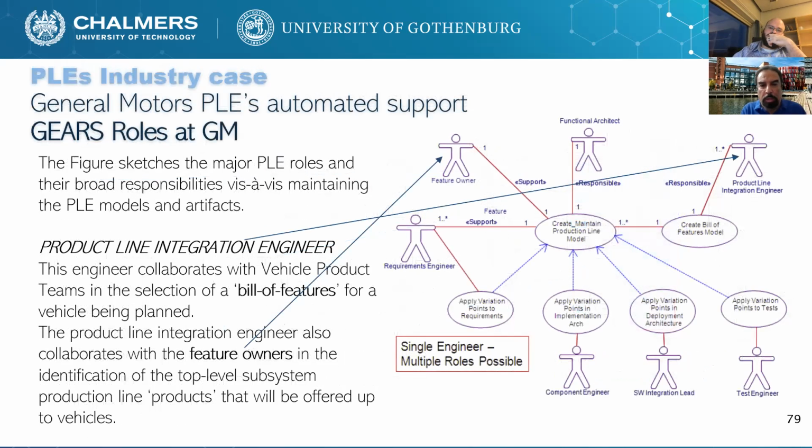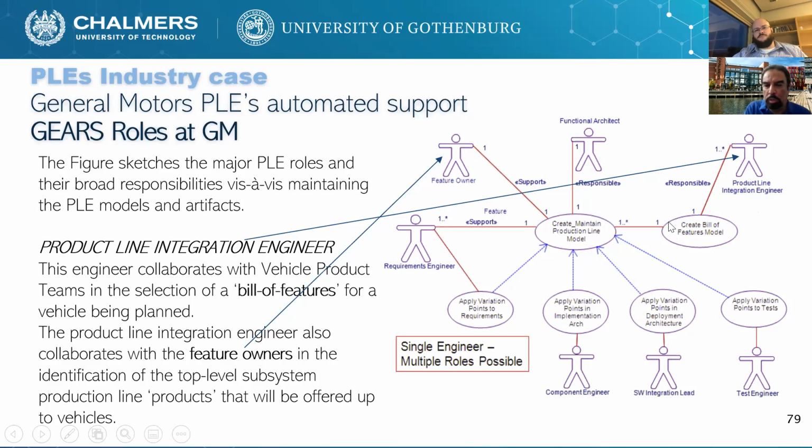So this is roughly showing you the roles in GM, and this is the most important engineer in the process. It's a product line integration engineer that creates the bill of features. If you remember, the bill of features is the one that does the instantiation of the feature model, deciding what features go in and what features need to be modified.